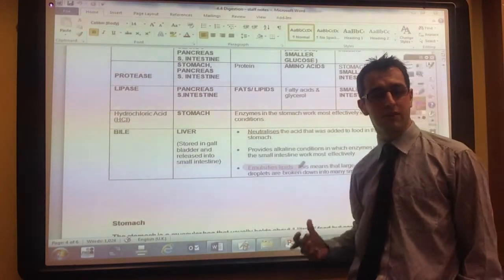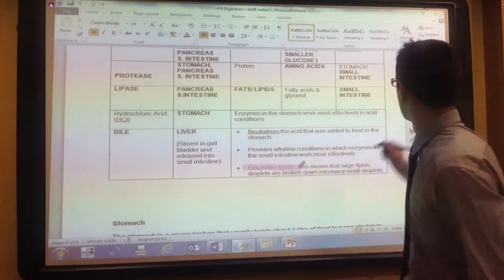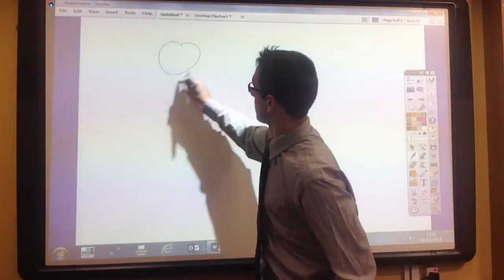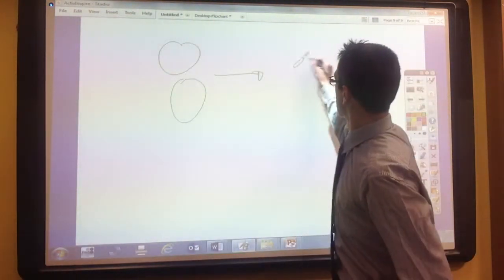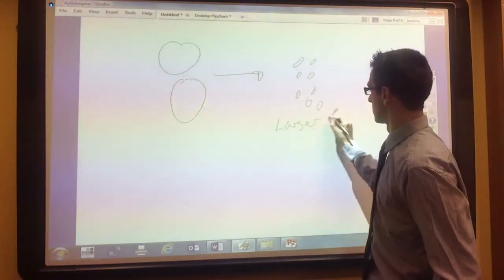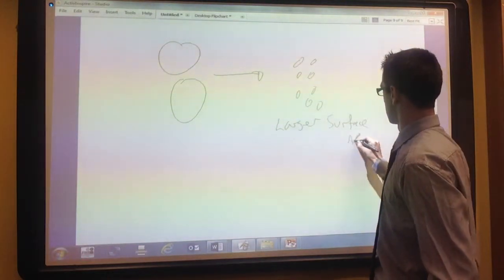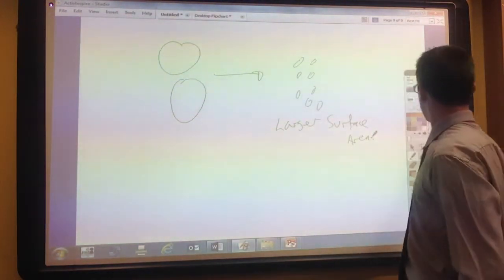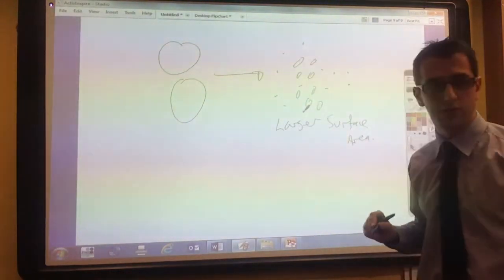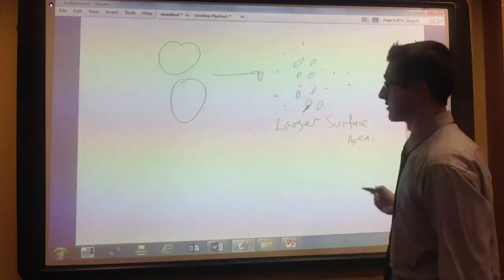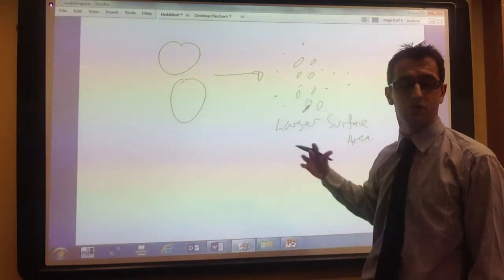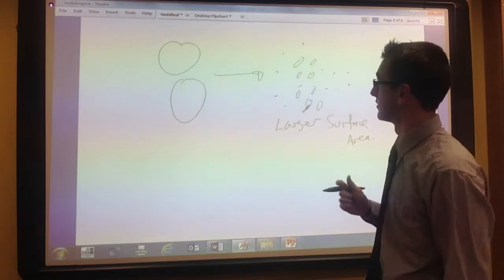But to aid the breaking down process, making it a lot quicker, we're breaking down our lipids from large globules into smaller droplets, so we have a much larger surface area, therefore meaning that the enzymes which will act to break down these lipids into their fatty acids and glycerol have a much larger surface area on which to act, increasing the rate of digestion of lipids.